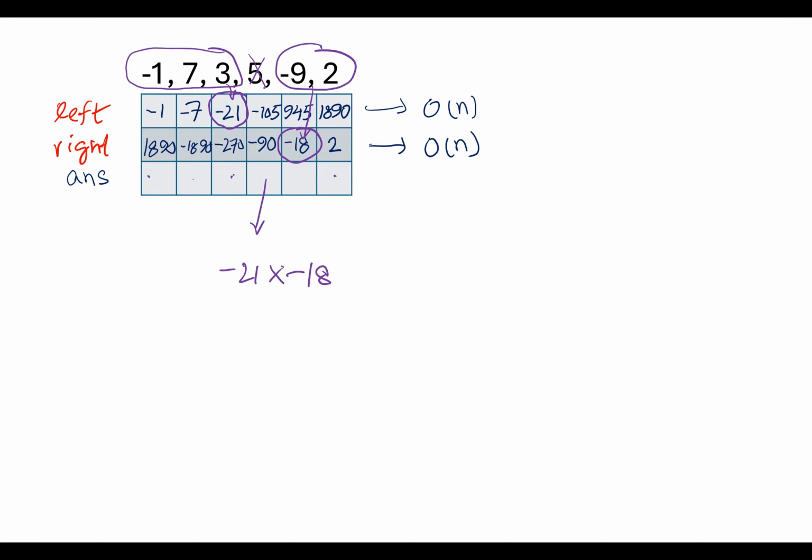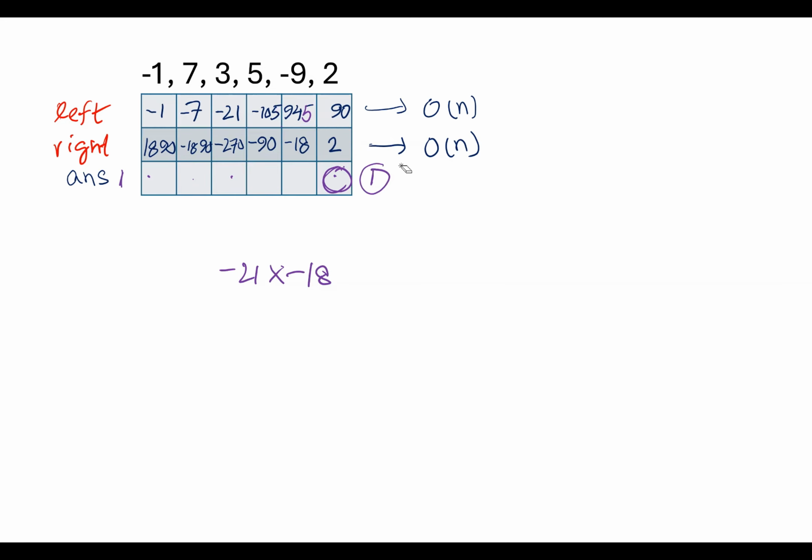For the pre-processing, let's put an additional 1 here at the left and an additional 1 at the right. That will help us, because when we are trying to find this value, from the left we'll take this, and from the right we'll take this, so we'll multiply these two.